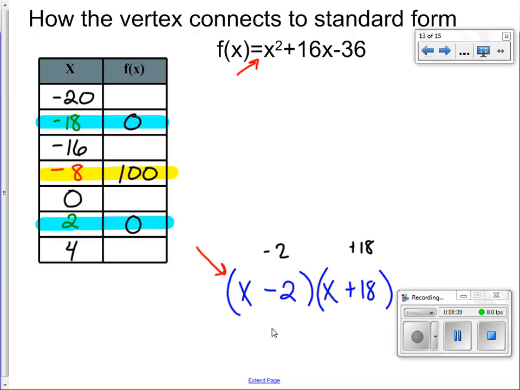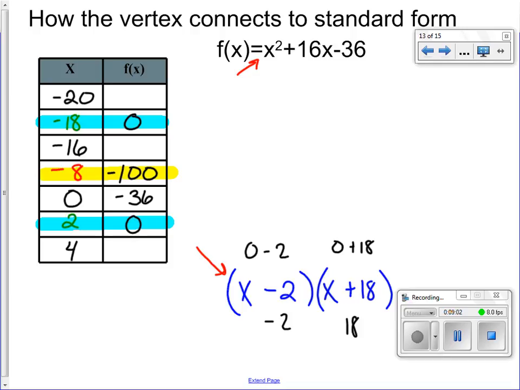Alright? So if I plug in 0, 0 minus 2 will make that negative 2. 0 plus 18 will make that still 18. Negative 2 times 18 is going to be, I left my negative off, sorry. Negative 2 times 18 is going to be negative 36.